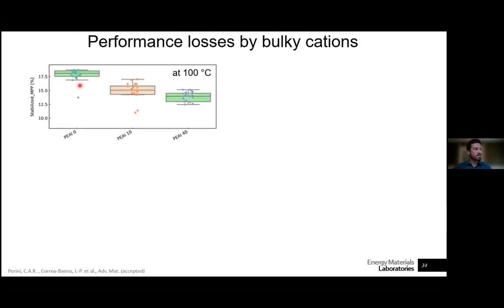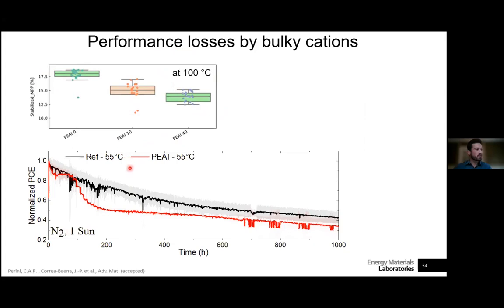Analogously, we see decreases in performance, even in pristine devices as fabricated and just exposed to thermal stress, which are also observed not only at 100 degrees, but even during maximum power point tracking under one sun illumination at temperatures which are relevant for solar operations, of 55 degrees Celsius, where after about 100 hours, the phenethylammonium iodide device experiences a sharp drop in performance.